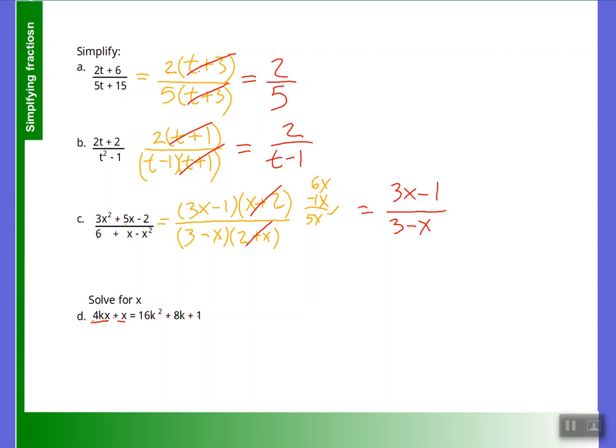So you know what I'm going to do? I can't help but notice that both 4kx and x share a factor. They share a factor of x. So I'm going to factor the x out. So when I factor out the x, I will get x times 4k, plus, that's pretty obvious.